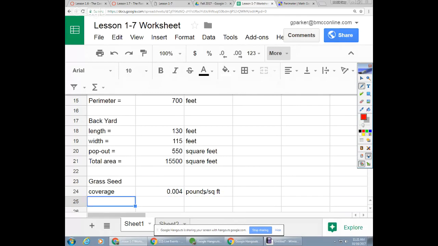And the other thing we have is the cost, and that is $1.25. And again, that is dollars per pound.